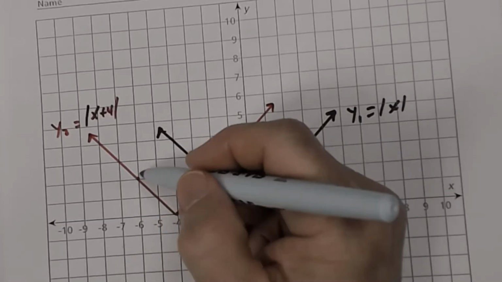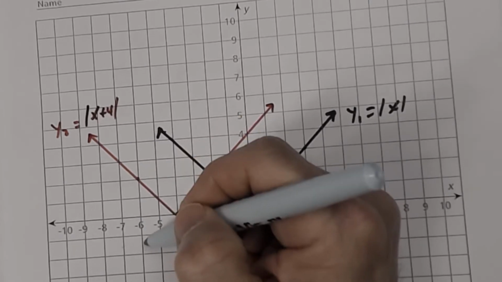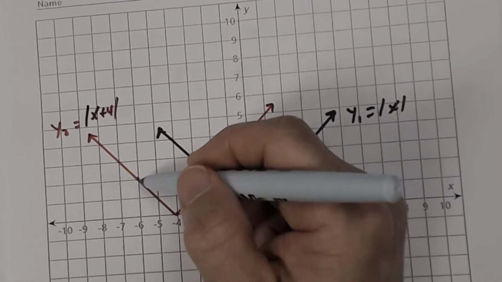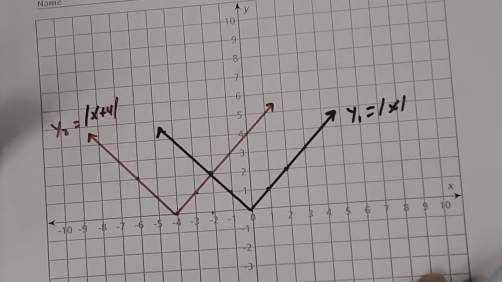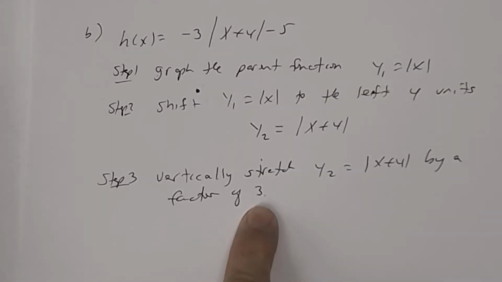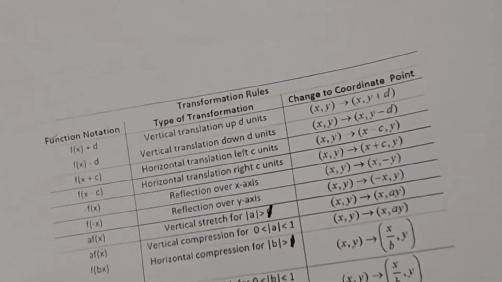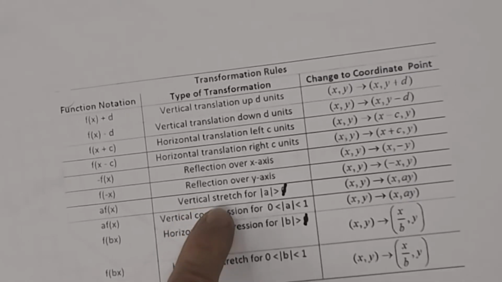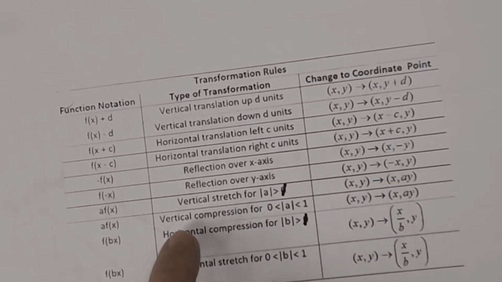And so notice that if I take this point here and move it up by a certain factor, the x value stays the same. It's the y value that changes. And so to get that new y value, I multiply this y value by that factor, and that factor is 3. So it corresponds to our rule that we learned previously. Whenever we have a vertical stretch or vertical compression, remember the x value stays the same. I take that y value and multiply by a, in this case.